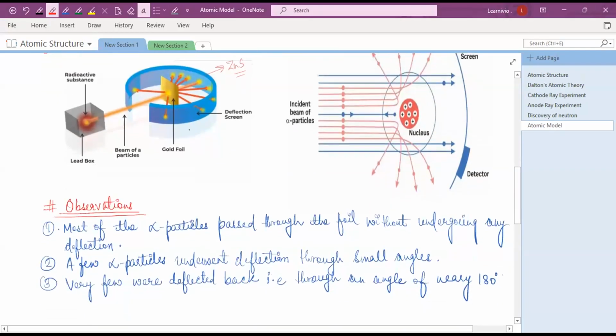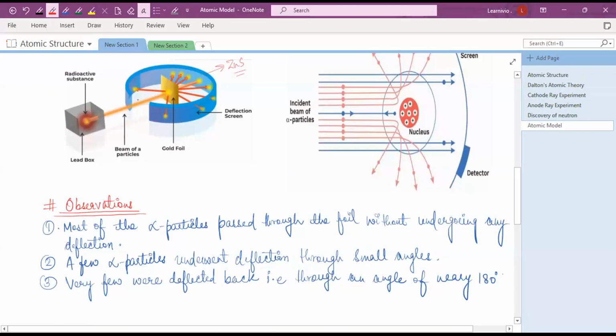What are the observations? He observed that most of the alpha particles, meaning 98% of the alpha particles, pass through the foil without undergoing any deflection.